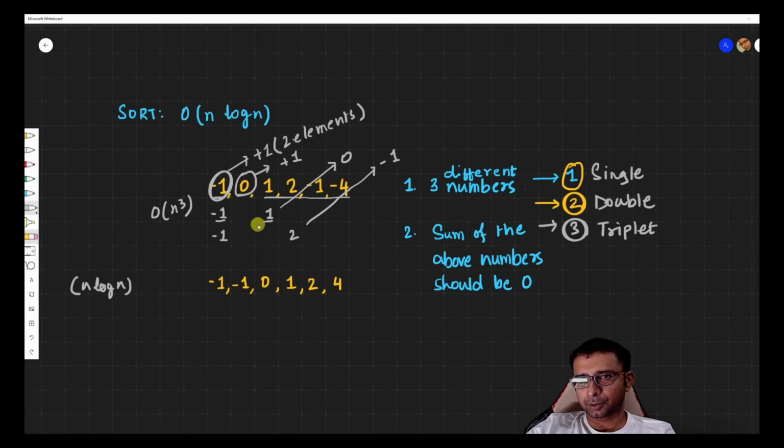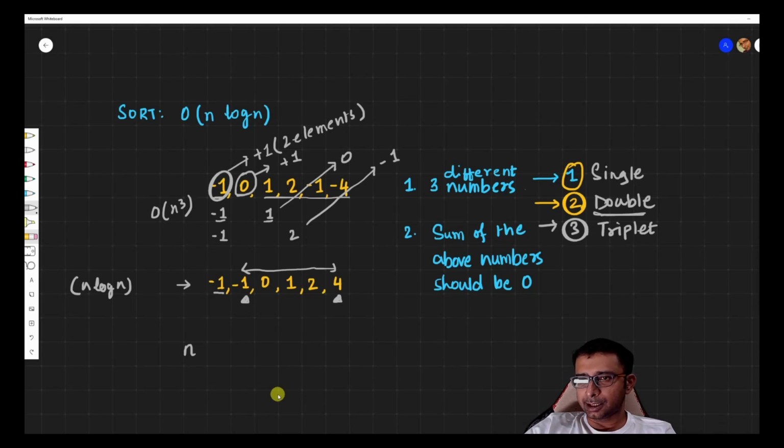So what we can do is, if we have the array sorted with the cost n log n, now I need to find that element, right? So what I can do over here is I can take this element and I can do an order of n search for the double elements that we have done over here, right? So I'll pick this element and I will do an order of n pass, right?